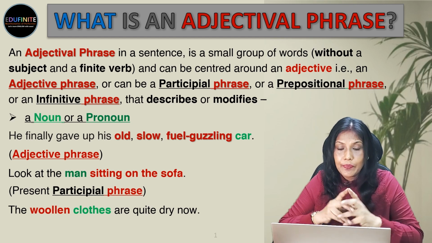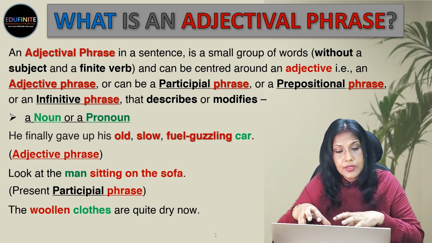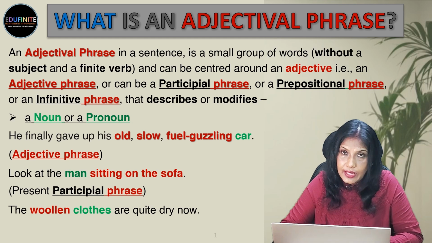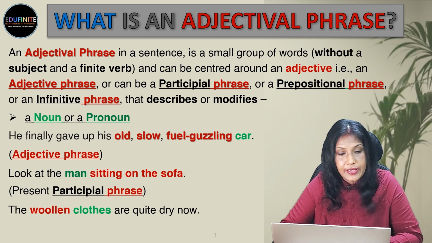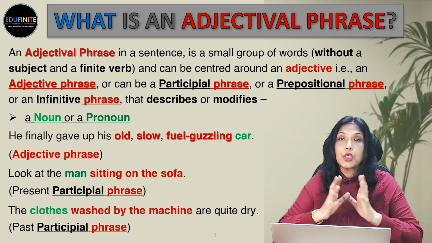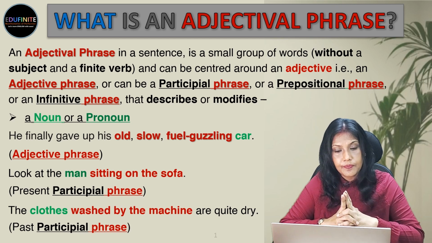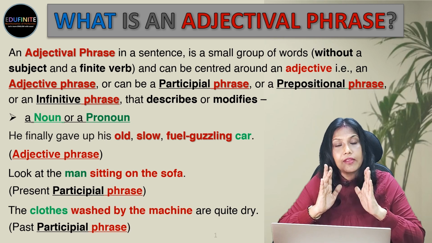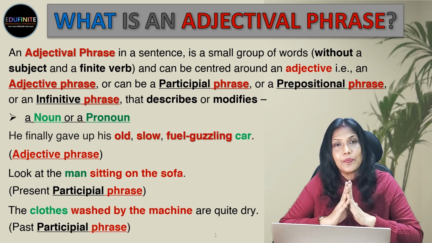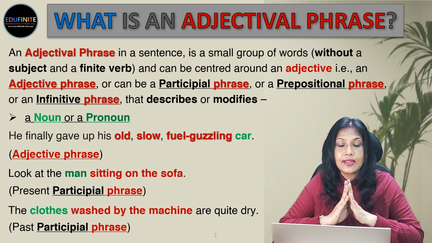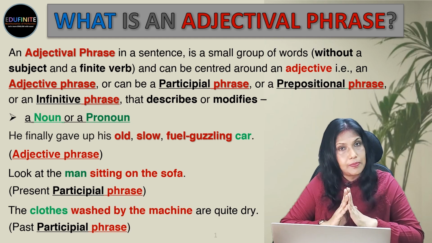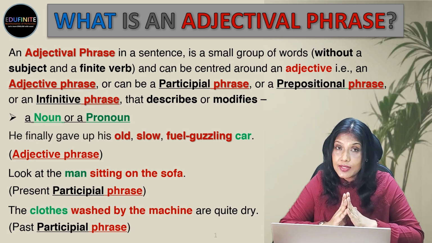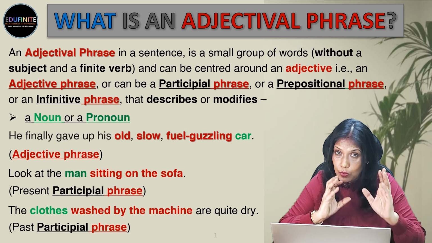So woolen is modifying the noun clothes. So this is an adjective. Now let's replace it with a phrase. The clothes washed by the machine are quite dry. So washed by the machine, again, it's not an adjective phrase. This is a past participle phrase. Now what is it doing? It is modifying the noun clothes.